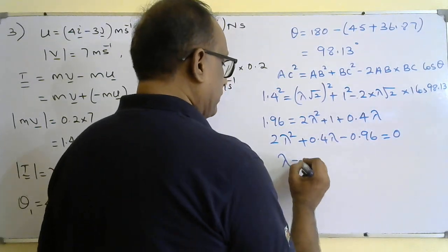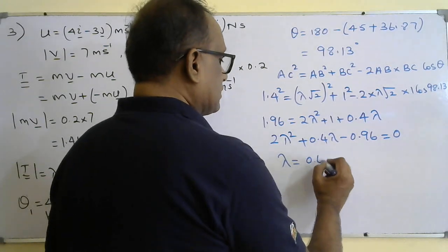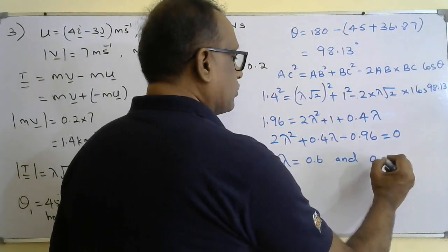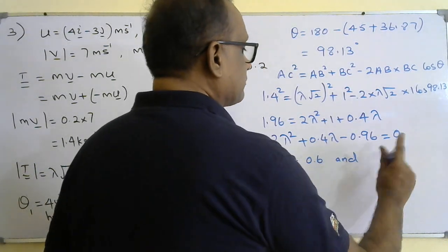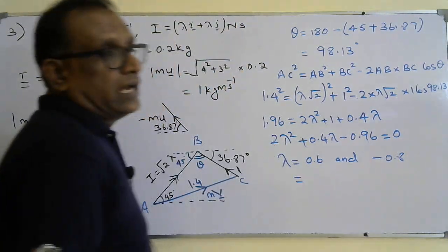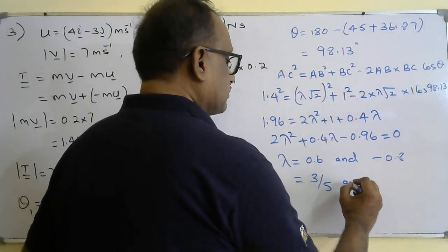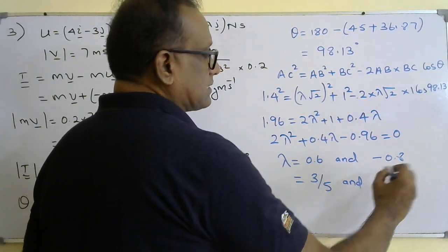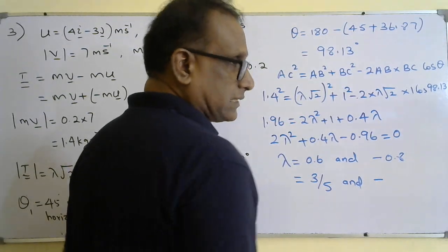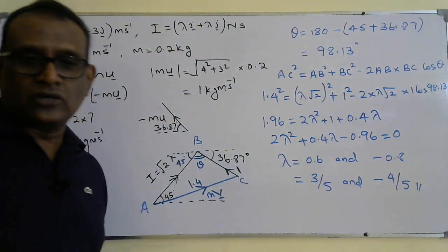Find the value of lambda by using a calculator. You will get 0.6 and minus 0.8. 0.6 means 6 over 10, that is 3 by 5. Earlier we got that. Minus 0.8 means minus 8 over 10, that is minus 4 by 5. We got the same answer in the first method also.